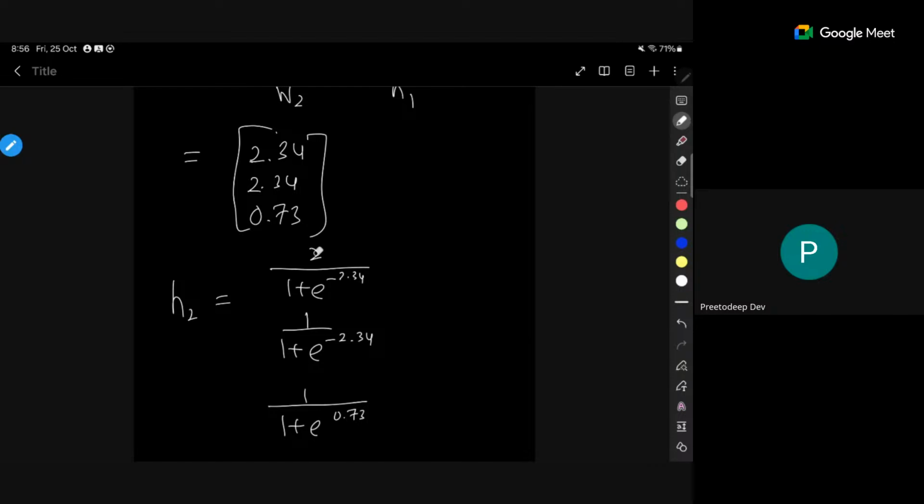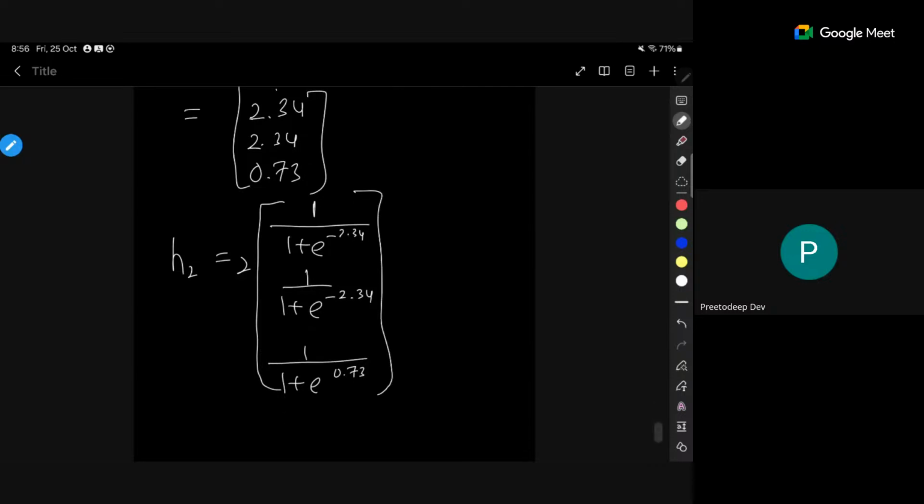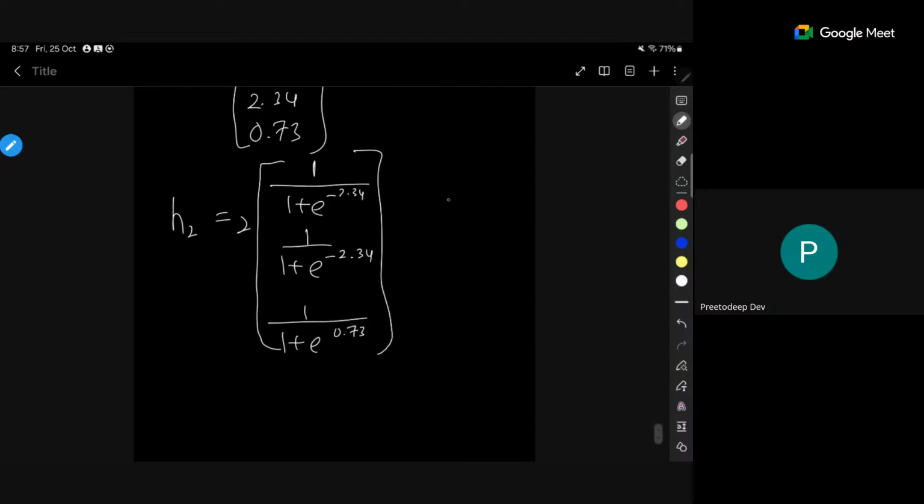In that case, if some multiple of sigmoid is given, then you can figure out this part only, divide by 1, and if it is just a multiple, you can write the multiplication outside of the matrix. Why is that? When you do backprop, if you do tau H2 by A2, you don't have to change much. You'll have 2 H2 into 1 minus H2.